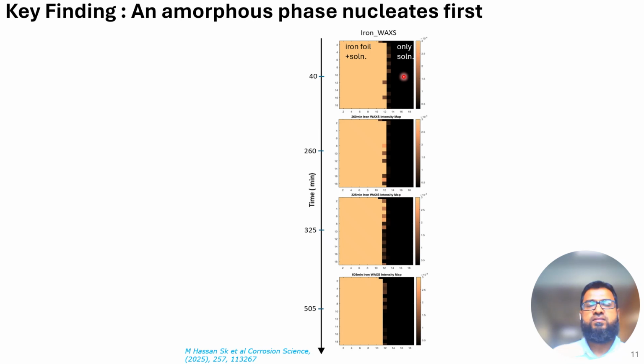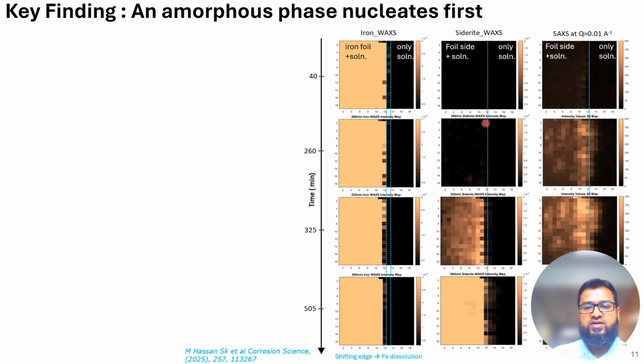As the new species starts to form, then it will appear. So this is the edge of the sample. You can see with time the iron starts to dissolve, and you can see the shift in the edge due to the dissolution of the iron.